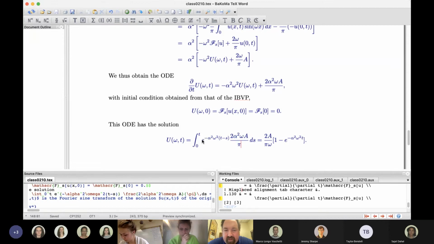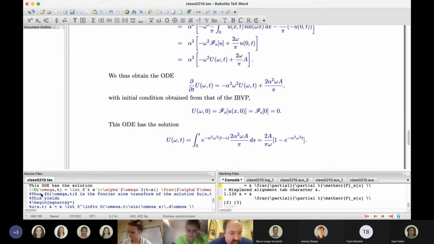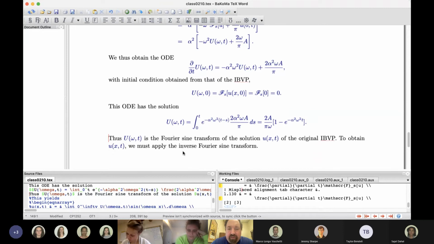Once we evaluate this integral, we don't even need anything fancy here. Then we plug in the limits 0 and t, and this is what we get.